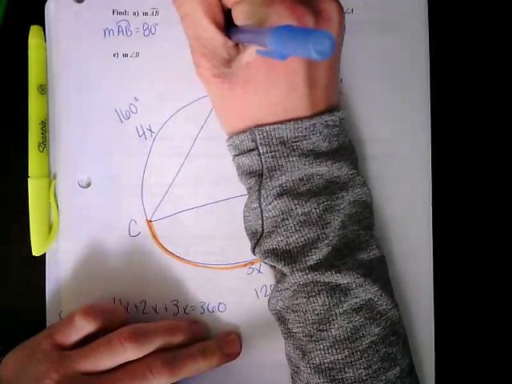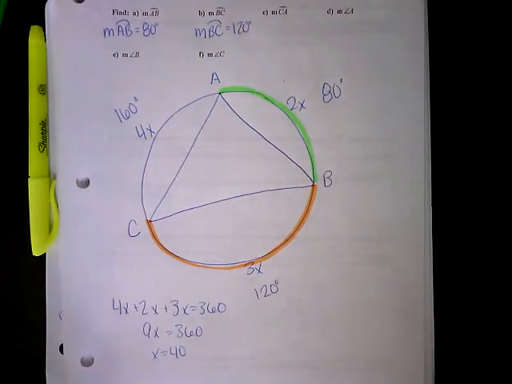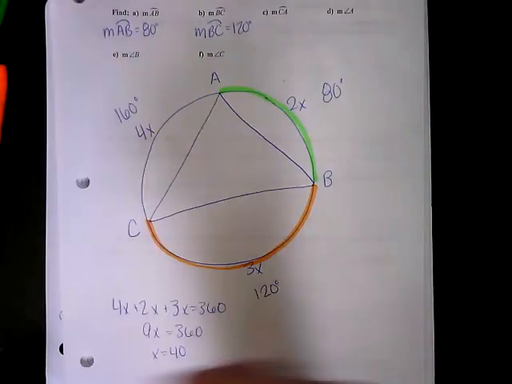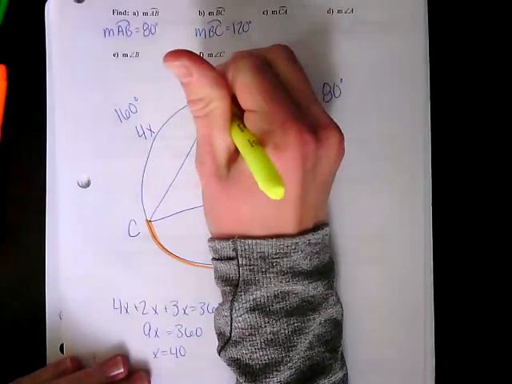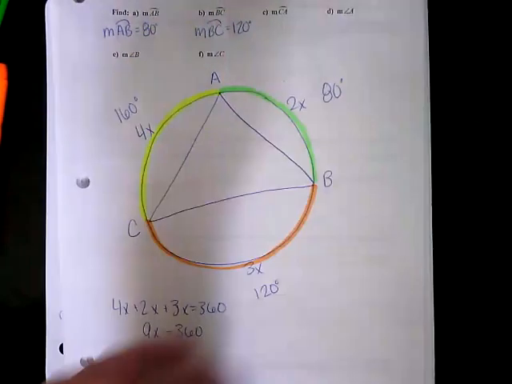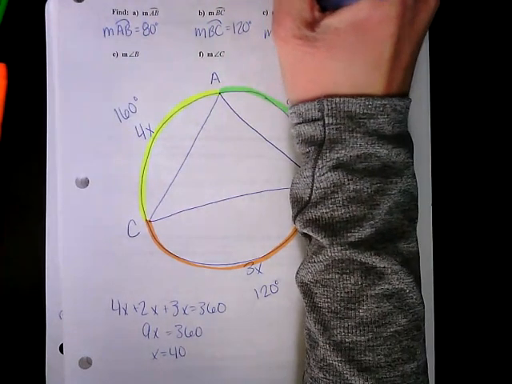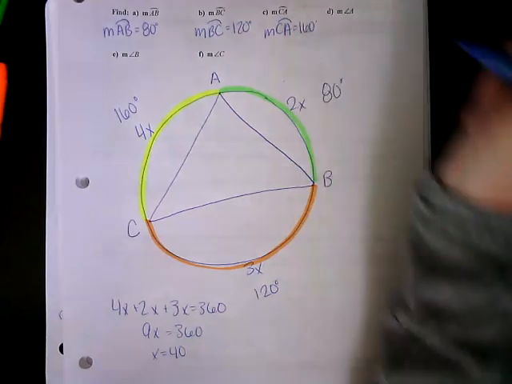So the measure of arc BC is equal to 120. And the measure of arc CA is this one, so the measure of arc CA is equal to 160.